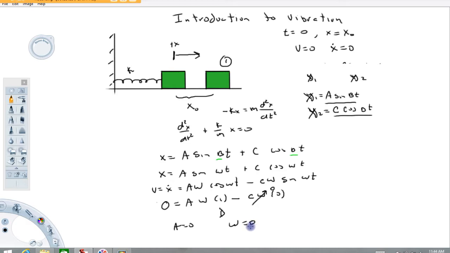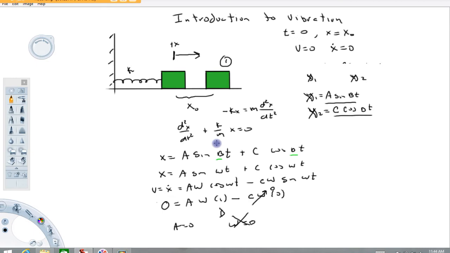Now, these are called angular frequencies, and we can't allow omega equals 0. If I put omega equals 0 into our solution here, this reads x equals 0 plus c, because the cosine of 0 is 1. It will actually solve the equation, but this is not the one we want. A lot of times these equations have what are called trivial solutions, and if omega is 0, we have the trivial solution.